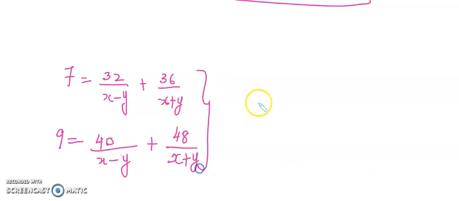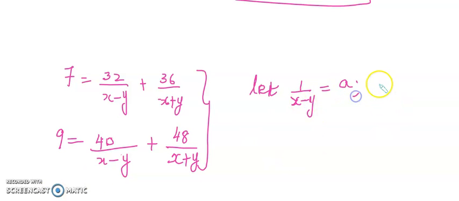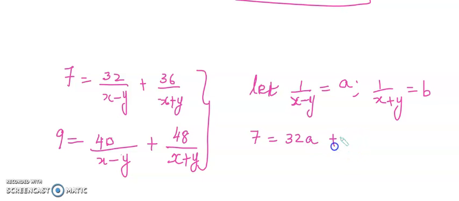So what we are going to do here: let 1 upon x minus y be equal to a and 1 upon x plus y be equal to b. So what are we going to get as an equation? 7 is equal to 32a plus 36b, and 9 is equal to 40a plus 48b.